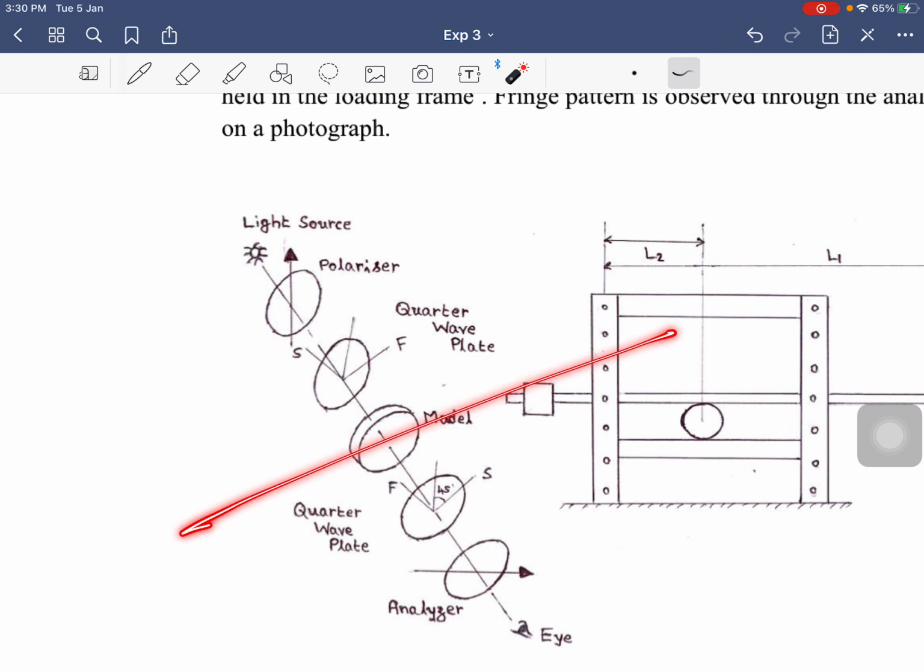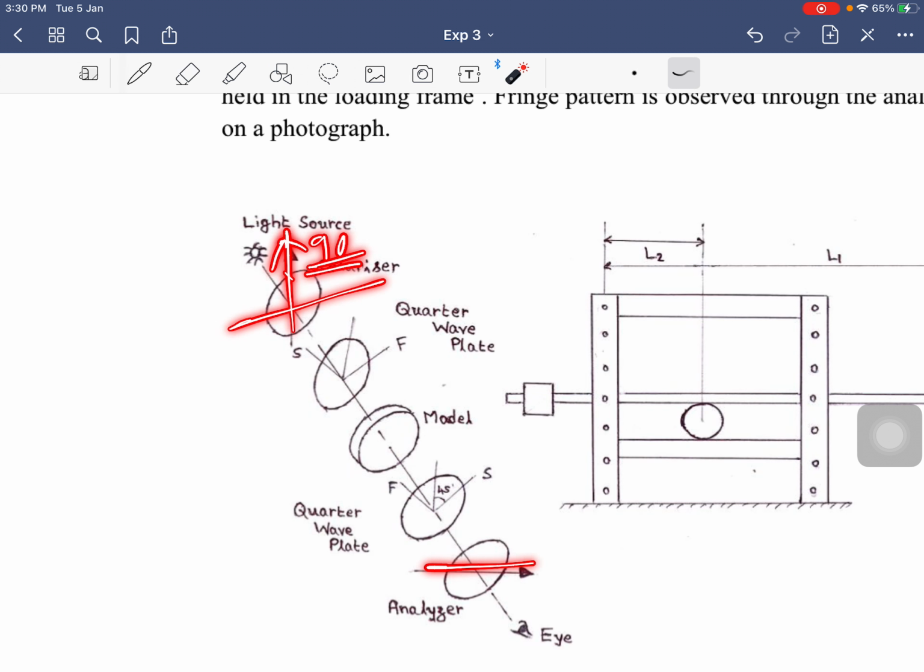In between there will be a model like this. After that, again a quarter wave plate, which is tilted 45 degrees. This is 45 and this is 45 degree. This is 0 degree and 0 degree. So the polarizer is at 90 degree and the analyzer is at 0 degree. Just maintain all this using certain dials over there.